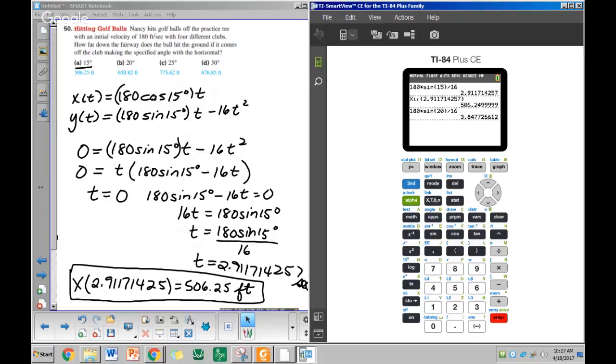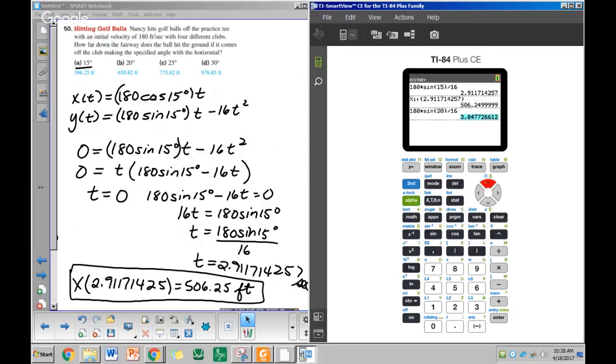So it's on top. And then I'm going to go to y equals to change up my equation here, and where I see 15, I'm going to put 20. And then I'm going to second quit.